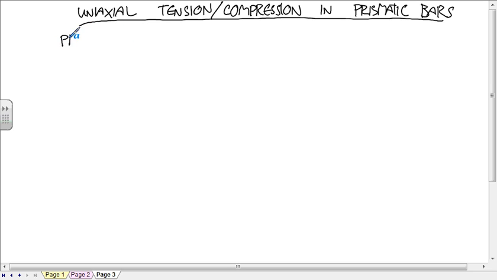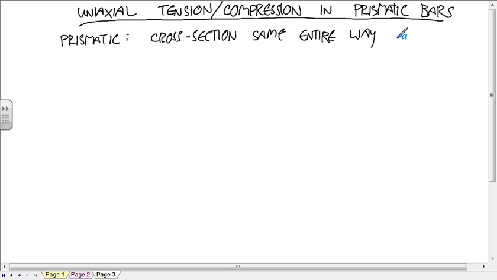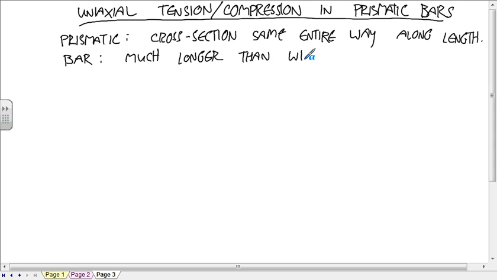Prismatic means that the cross section is the same the whole way along the length. And bar means much longer than wide.